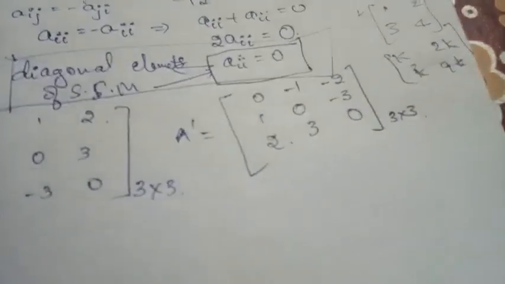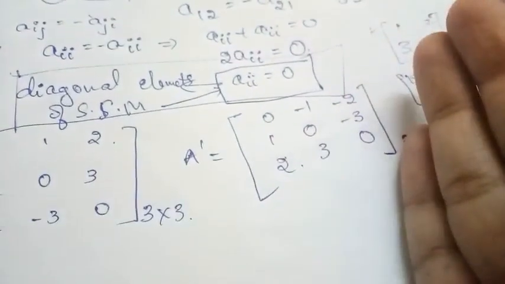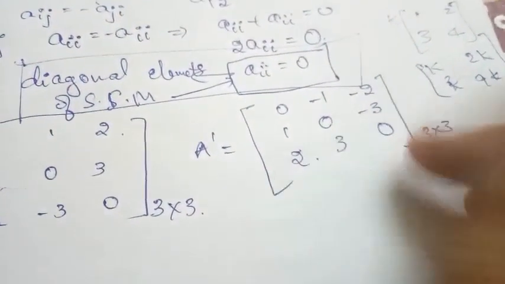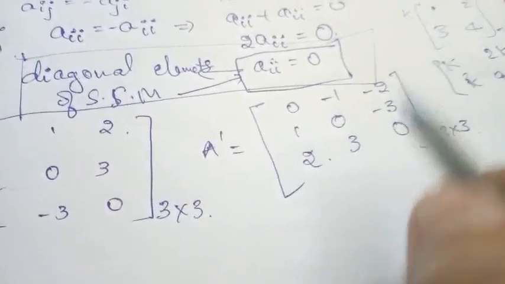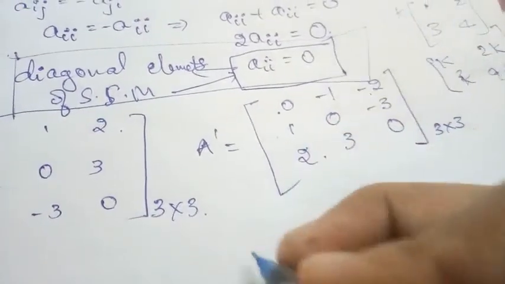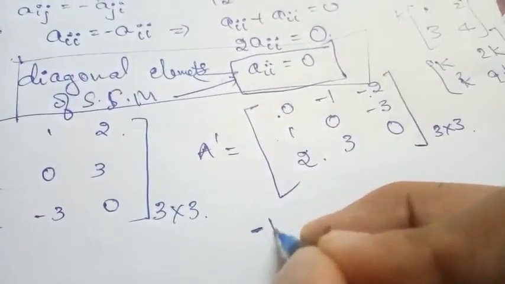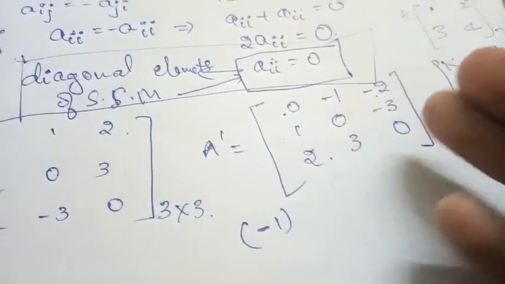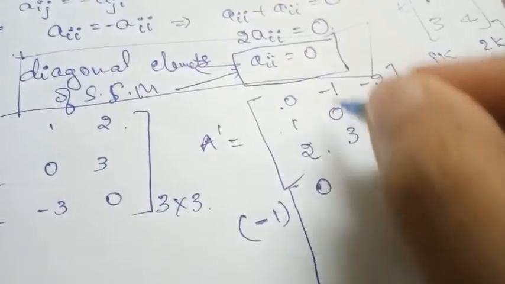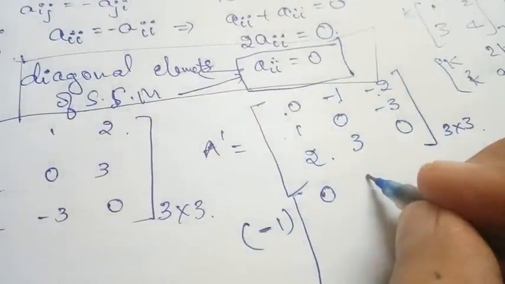Now here in the A transpose we are coming across the concept of taking the common factor out of the matrix. It should be taken from each and every element. So I am taking minus 1 common outside. If I am taking minus 1 common outside, 0 becomes 0 itself. If I take minus 1 outside, what is remaining?